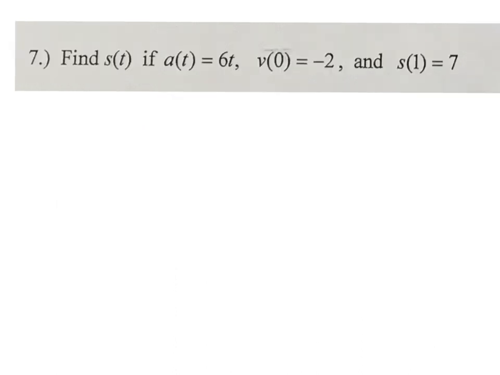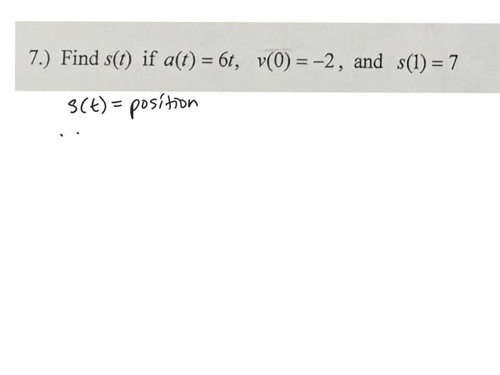Okay, for number 7, I just want to remind you that the names of these functions that we've used, s and a and v, are common names for position, velocity, and acceleration. So let me just write this down to remind you that s of t is often the name of a position function, and if we want velocity, we need to take the derivative of s of t.